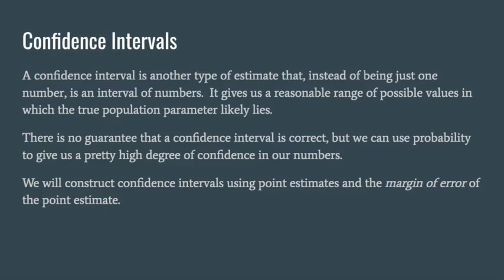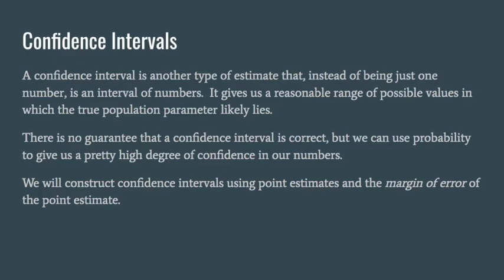Typically the way we construct confidence intervals is we start with the point estimate, which again is either X bar or P hat. Then we take the margin of error, which we calculate, and we subtract it from the mean and add it to the mean. That gives us a range of values where we can say we are such and such percent confident that the true population mean is in this range.